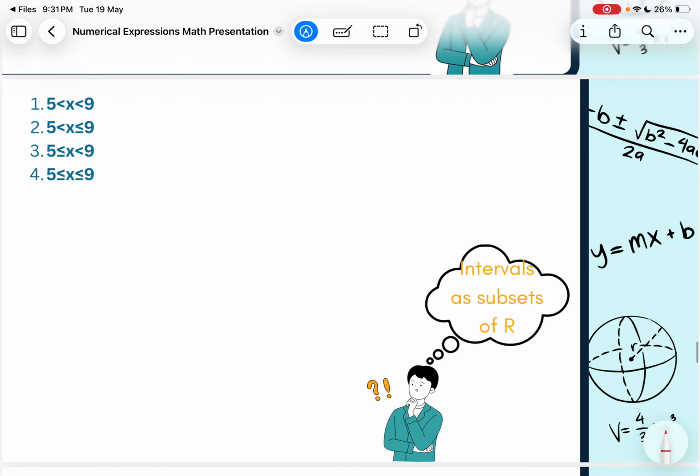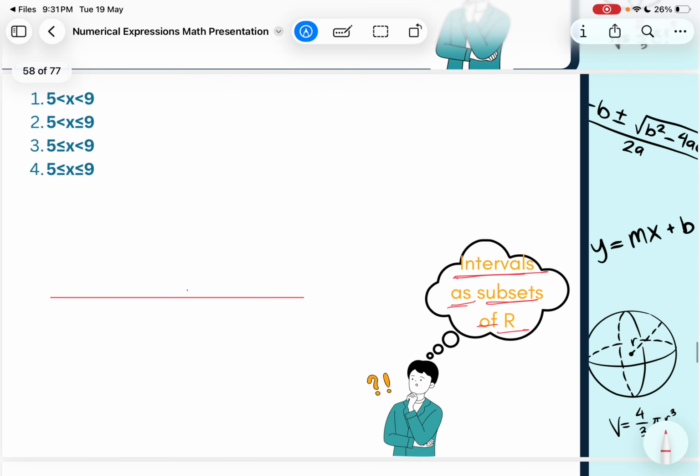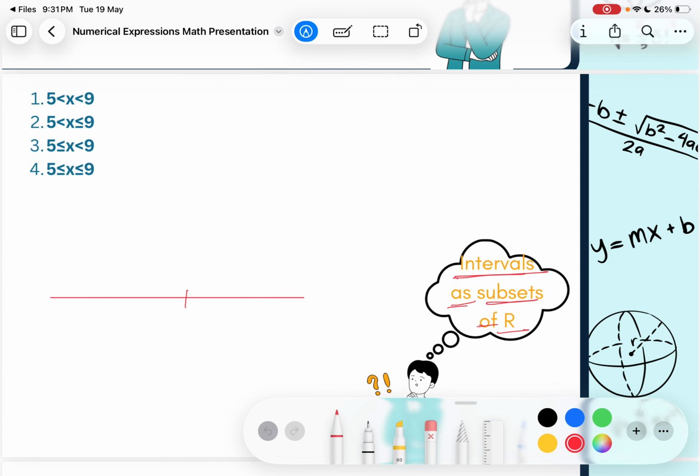Now we have moved on to intervals as a subset of R. So we have to see what an interval as a subset of R is. Suppose this is a number line. Here we have 0.